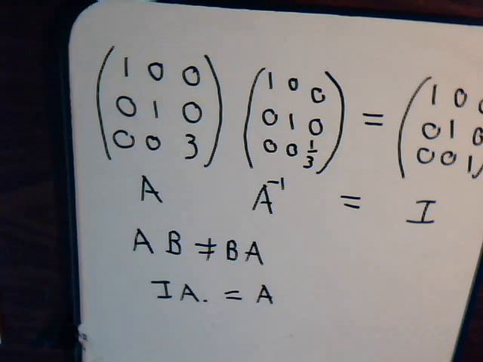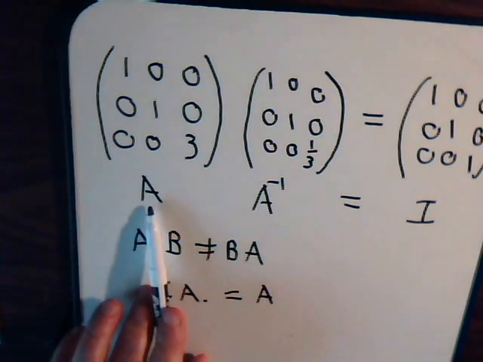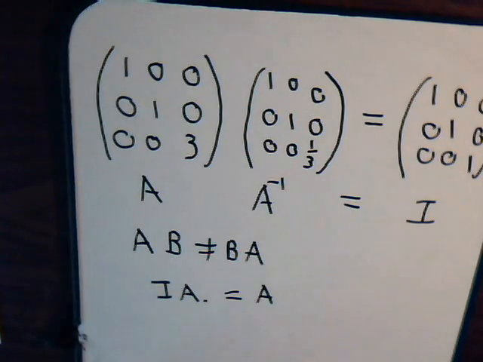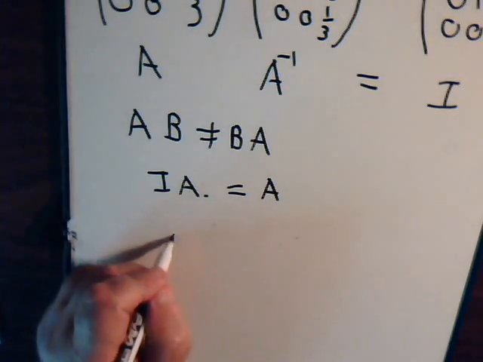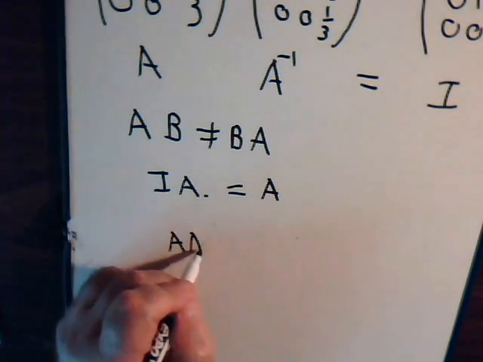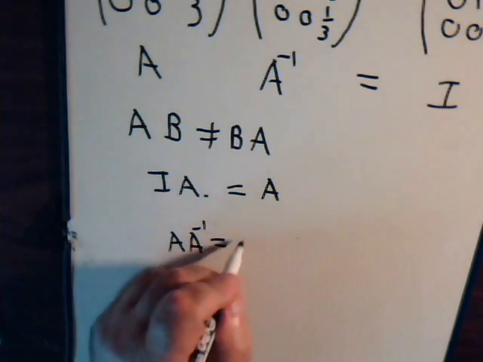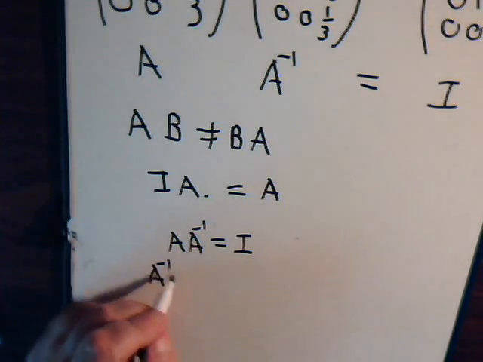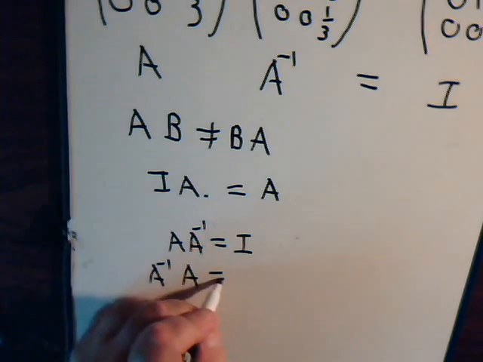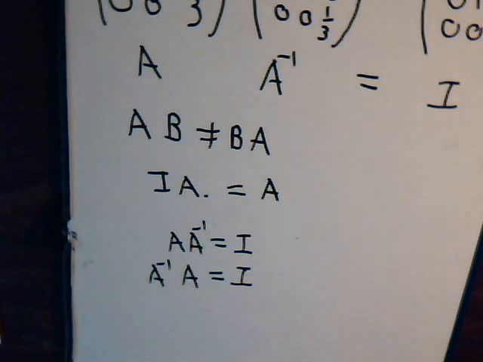It'll still give us the original matrix. Likewise, if we have a matrix like this and its inverse, then this times its inverse gives the identity matrix, or we could have it written like this, and we still get the identity matrix.